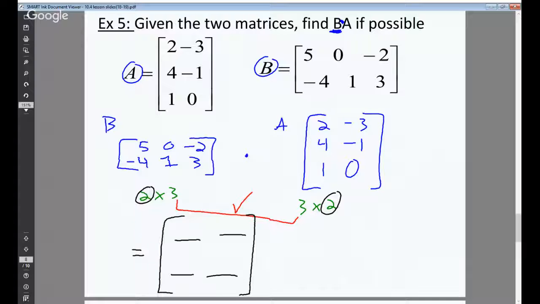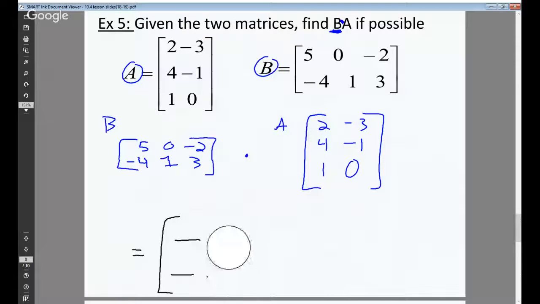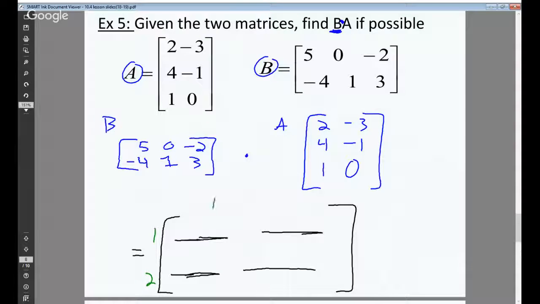So then let's go ahead and use that and multiply away. Actually, I'm going to make that a little bit bigger. Okay. So now, again, 2 rows, 2 columns.